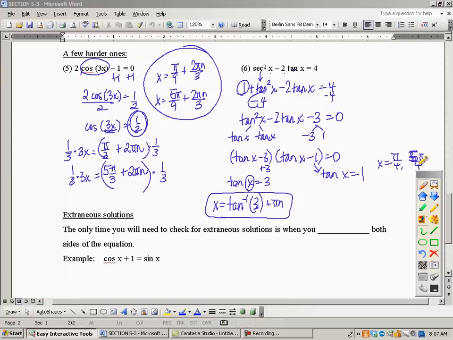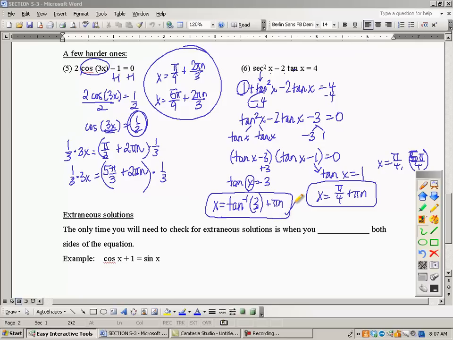Now the period of tangent is pi. So if I say pi over 4 plus pi n, when I add a pi, I get to 5 pi over 4, so I don't need to separate that because my one equation for the answer would give me that value.